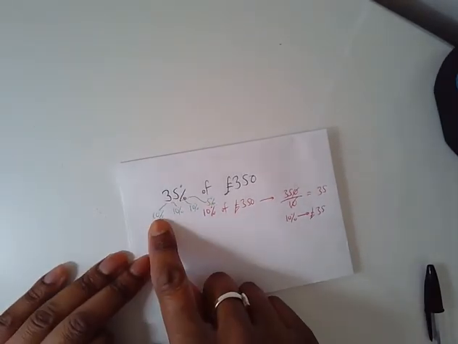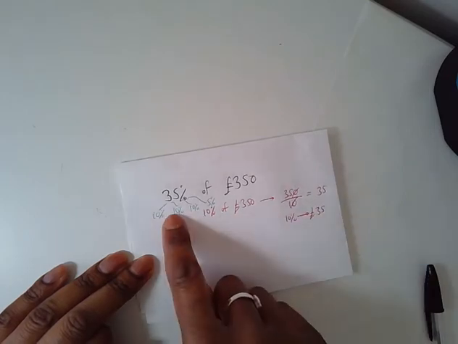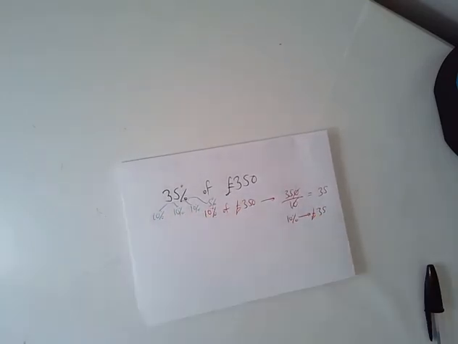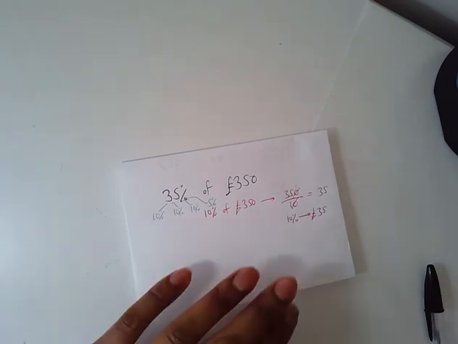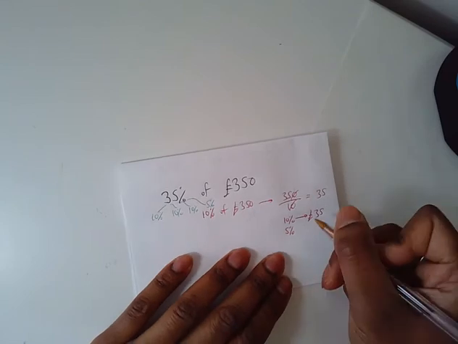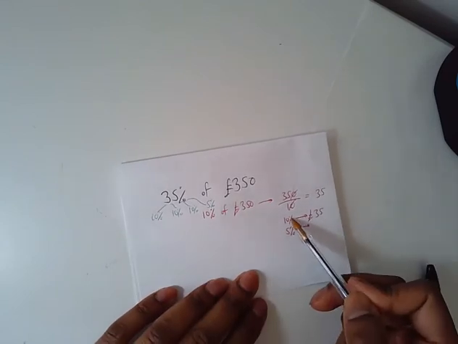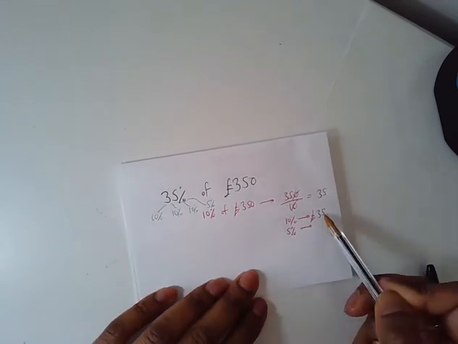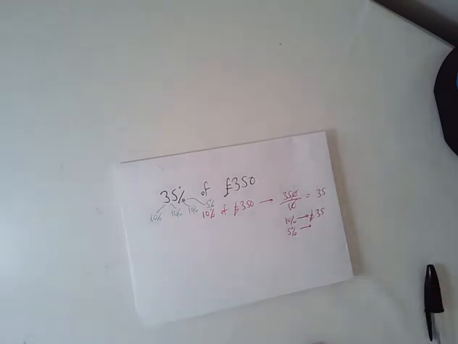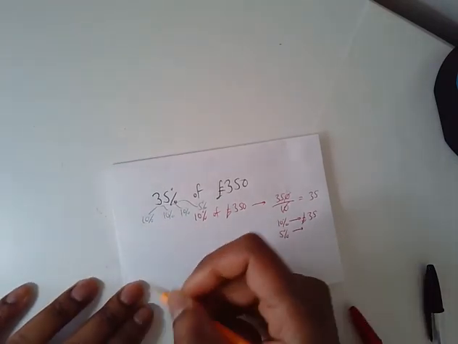Well, we know 10% is worth 35, that 10% is worth 35, 10% is worth 35, we don't know what that 5% is worth. So let's do our calculation here. Half of 10% is 5%, so we need to know what half of 35 is. If you don't know what it is, you need to work it out. I'll do it on the side.